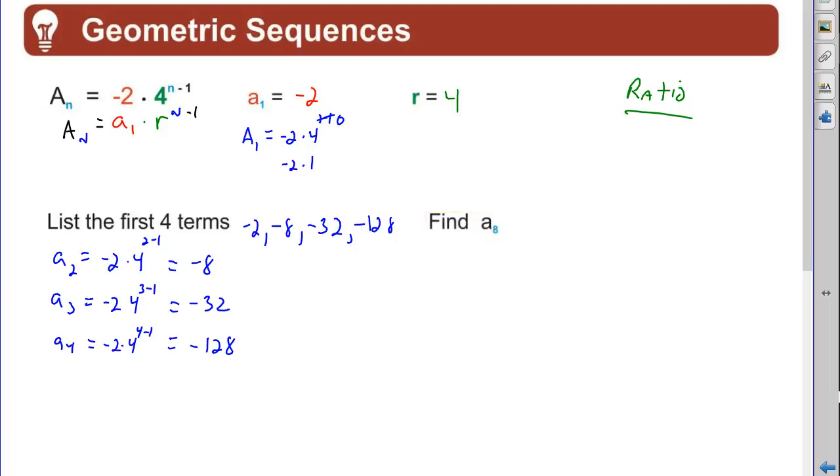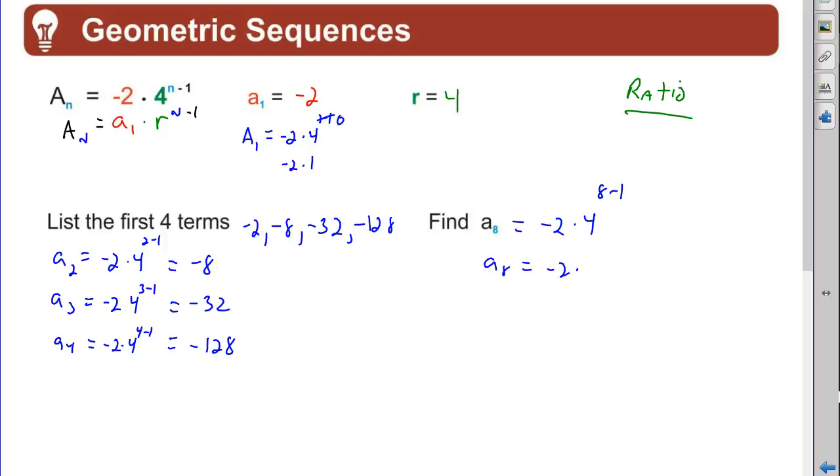And then finally, what if they said find a sub 8? All right, so I can find a sub 8. I'm simply going to sub in. So I have negative 2 times 4 to the 8 minus 1. Got to use my calculator from here on out. And 4 to the 7th power. All right, so calculator out, 4 to the 7th.